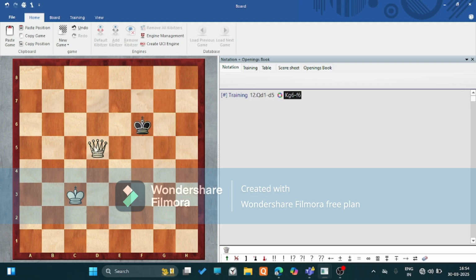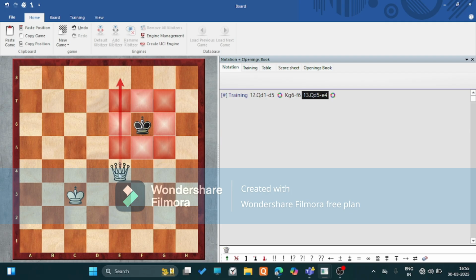And white tries to move his queen over here. Now, what squares can the king move to? Let's check: 1, 2, 3, 4, 5, 6, 7, and 8. But which squares is the queen capturing?